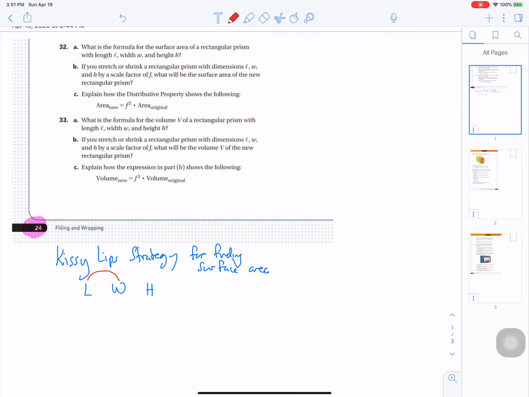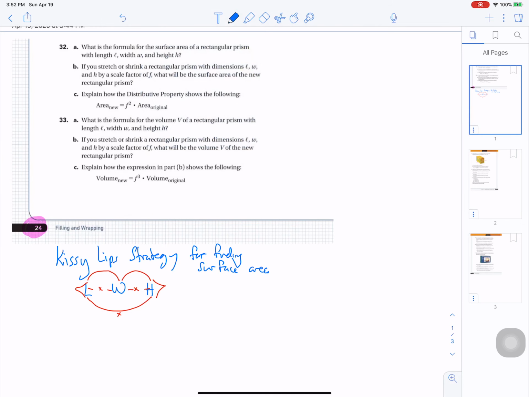You multiply length times width, length times width times height, and then length times height. It kind of looks like lips, right? That's just a fun way of remembering all of the things you need to do to find surface area. So, kissy lip strategy.